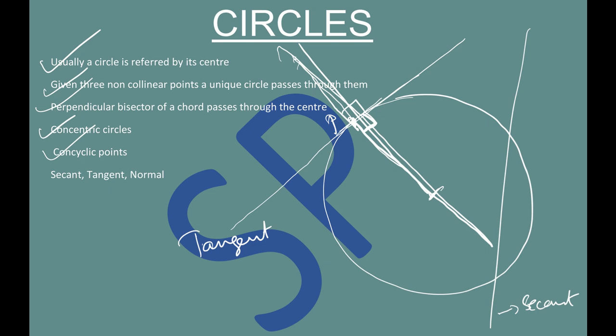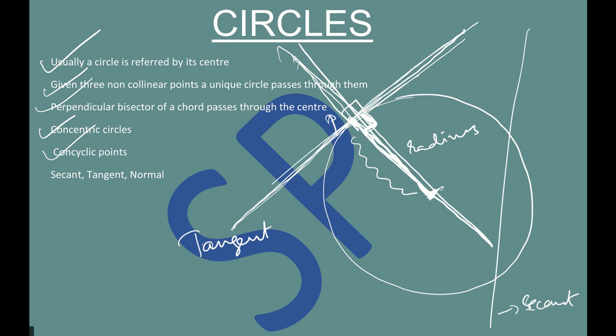And also, when this is a tangent and this is the radius joining the point of contact, then we know that it is perpendicular. So this is the perpendicular distance from center to the tangent, which is nothing but the radius.